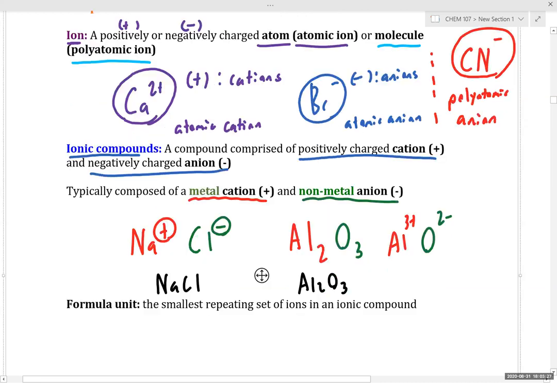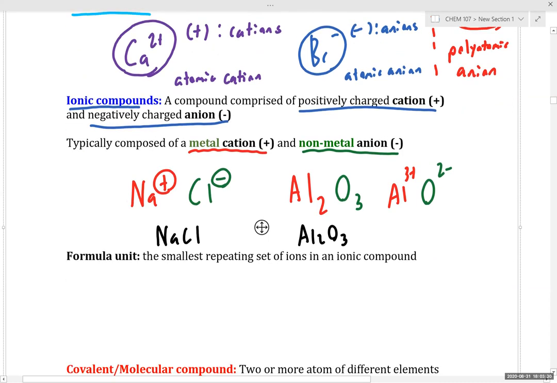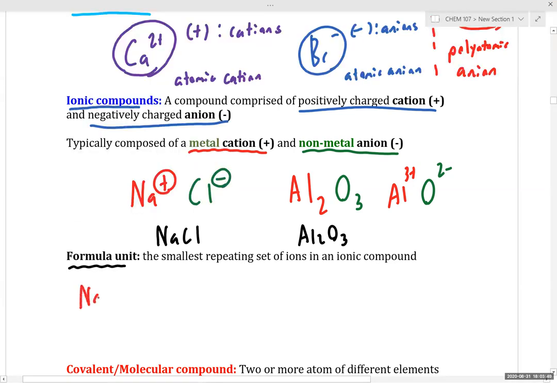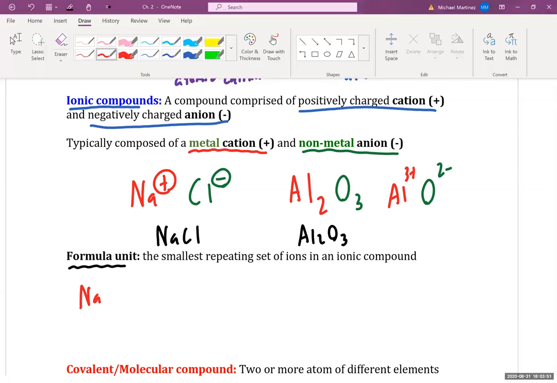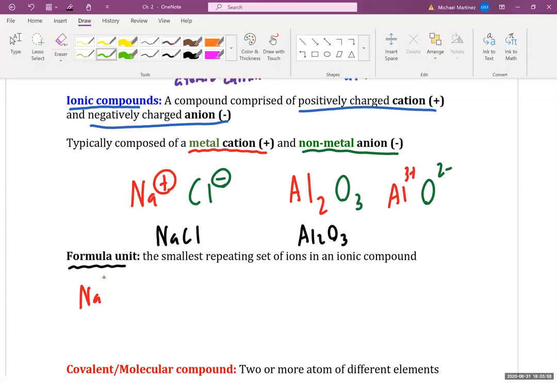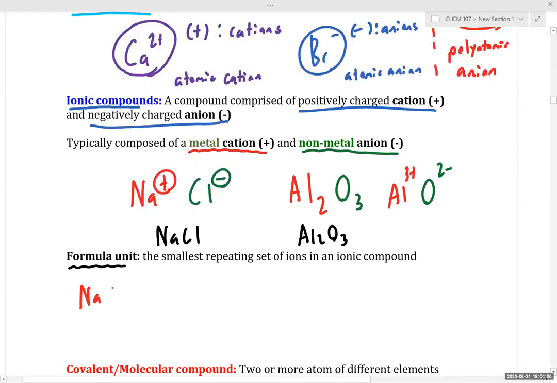Now, one word that's commonly used in relation to ionic compounds is the word formula unit. When you see the words formula unit, I want you to think the simplest formula of an ionic compound. So if we look, for example, at sodium chloride, the simplest ratio of ions in this case involves 1 sodium and 1 chlorine atom.